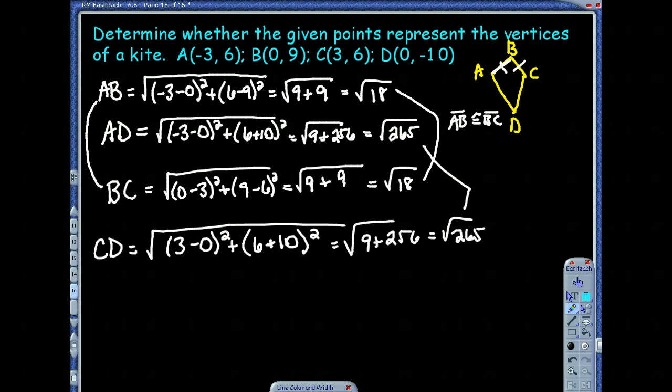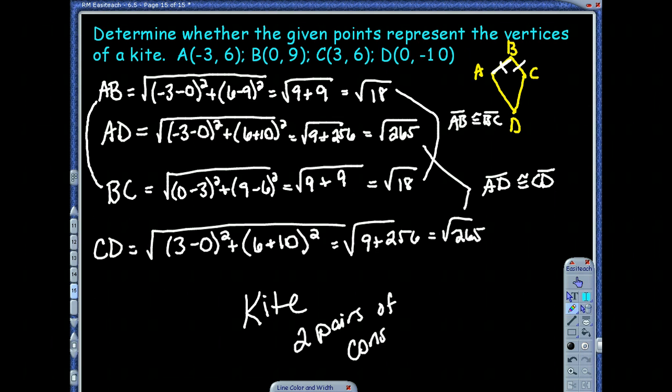So AD is congruent to CD. Here's what I'm thinking: it is a kite. Why? There are two pairs of consecutive congruent sides, and opposite sides aren't congruent. Perfect.